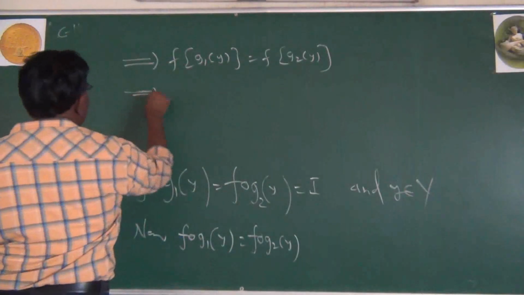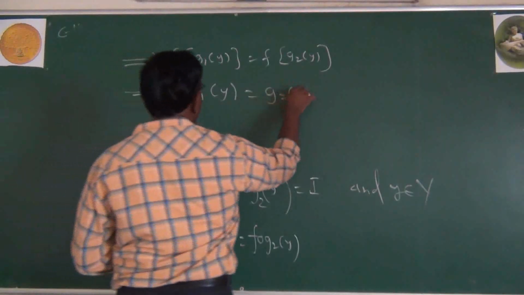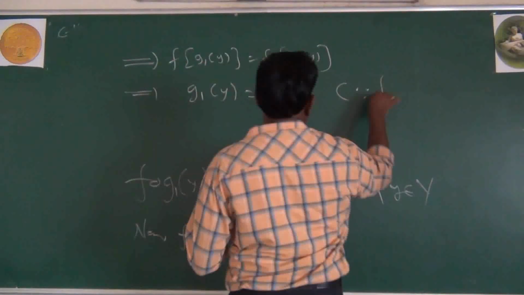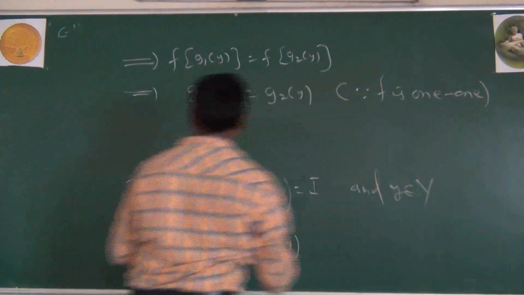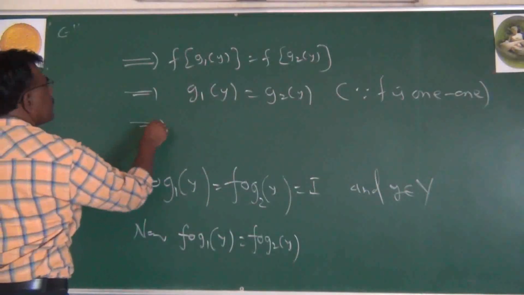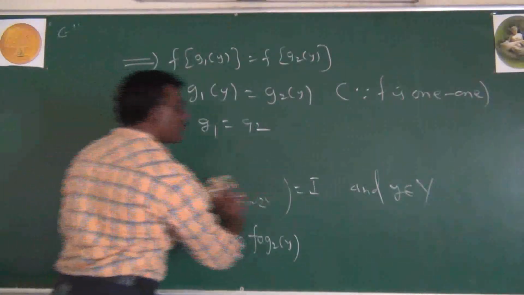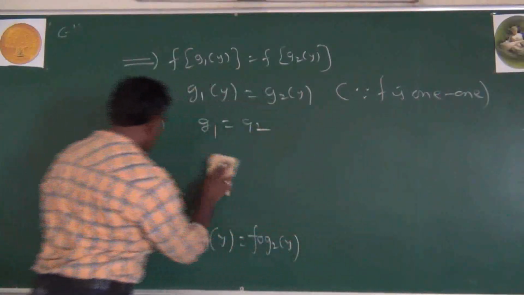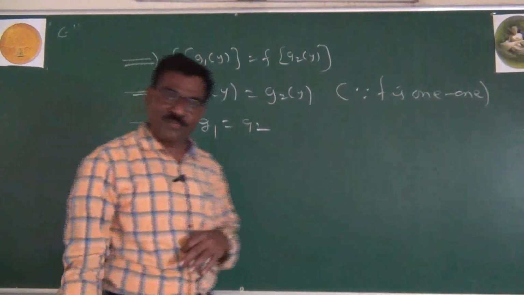So it implies g1 of y equals g2 of y, because f is what? F is one-one. Therefore, it implies g1 equals g2. What is g1, g2? Yes, g1 and g2 are the inverses of f.